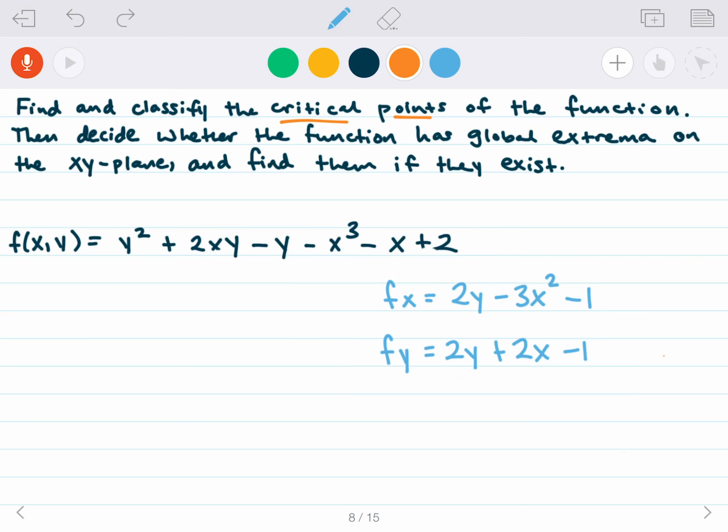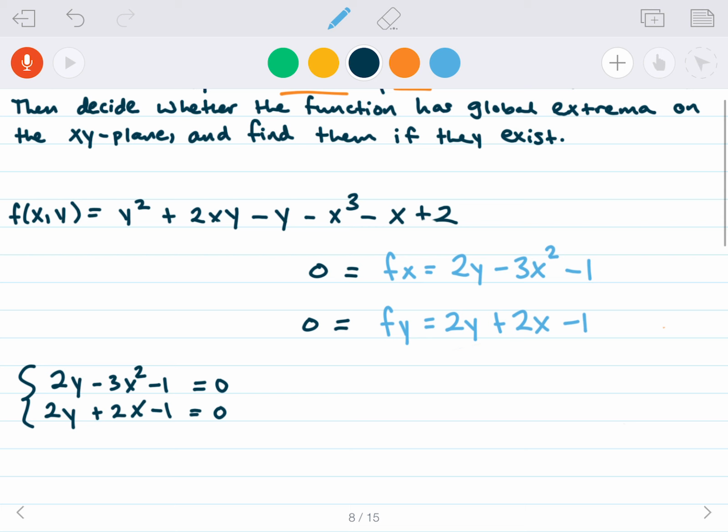Now what we want to do to find the critical points is set each of these equal to 0 and solve. So we have 2y minus 3x squared minus 1 equals 0, and we have 2y plus 2x minus 1 equals 0. Okay, so notice that if I subtract these equations, the y's will cancel, which is really nice.